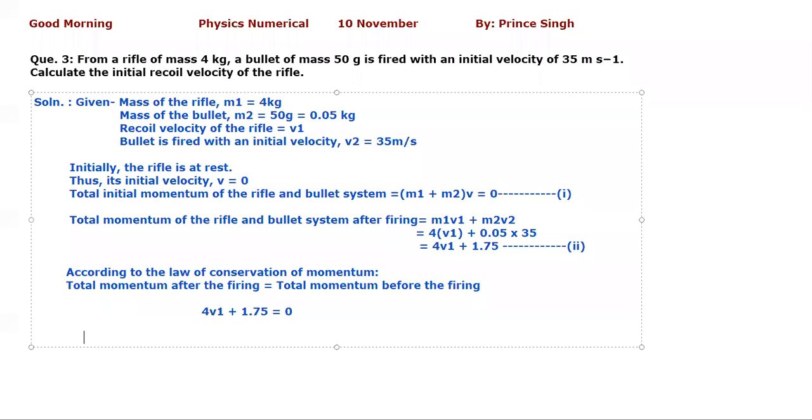So finally, what do we get as the value of V1? Calculate the value. Shift this 1.75 to the other side, it will become negative, and divide by 4.